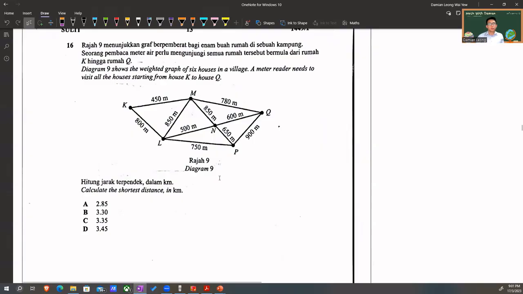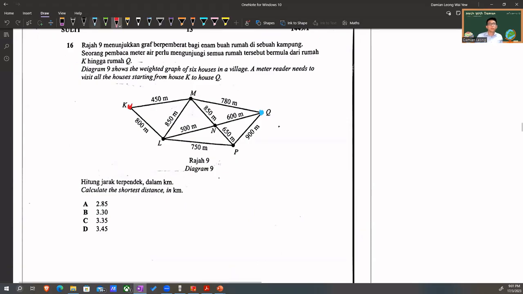Question 16. Find the shortest distance when this is a weighted graph. For 6 houses in a village, a meter reader needs to visit all the houses starting from K to Q. Start from K and end at Q. And it needs to visit all the houses.